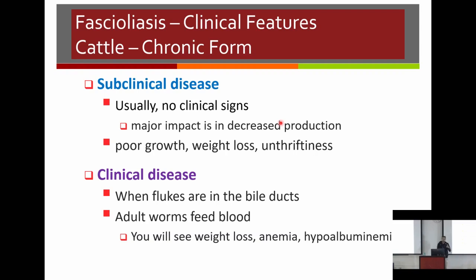On the other hand, clinical disease happens when the flukes are in the bile duct and the adult worms start feeding on blood, which is further responsible for anemia, hypoalbuminemia, and weight loss. So these are the two forms of chronic disease you will see in cattle.